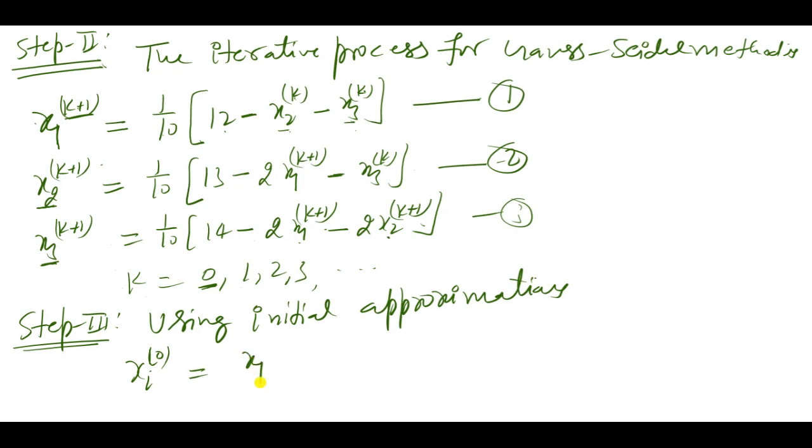Because here the unknown variables are x1, x2, x3, so this is x1^(0), x2^(0), x3^(0), and this will be 0, 0, 0. So this is the initial approximation.